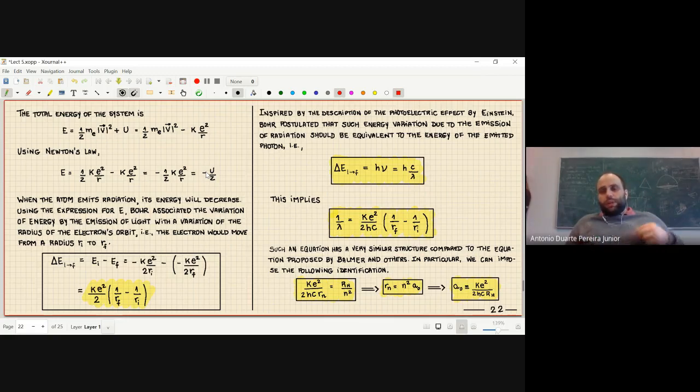So the atom is losing energy to the outside. And we have an expression for the total energy of the system. So this energy E, which is minus U/2, will decrease after the emission of radiation. So Bohr associated the variation of the energy, namely the fact that the electron is sending out energy.